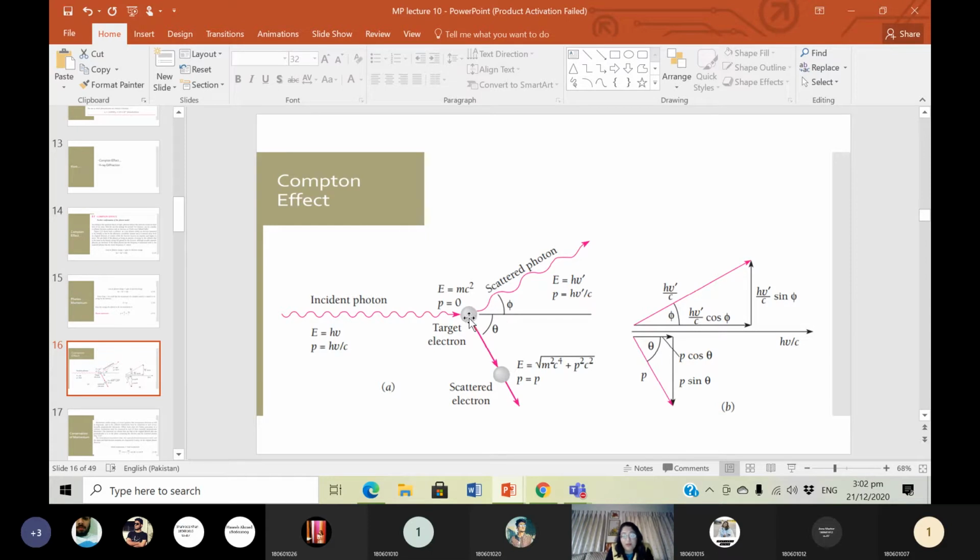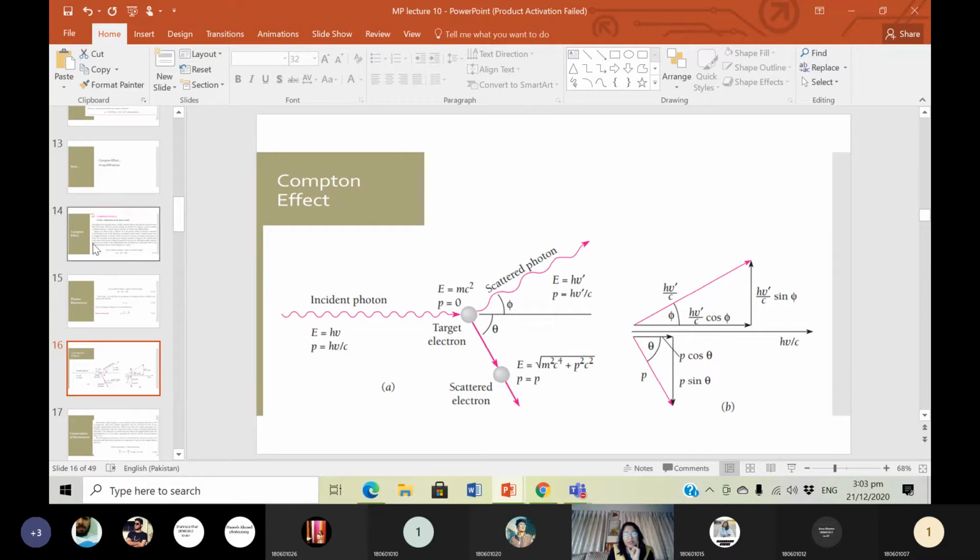The electron, which was initially at rest, will gain some momentum and be pushed along. It takes on a different path, gains some velocity due to some of the energy it gained from the incident photon, and is scattered along this direction, theta.